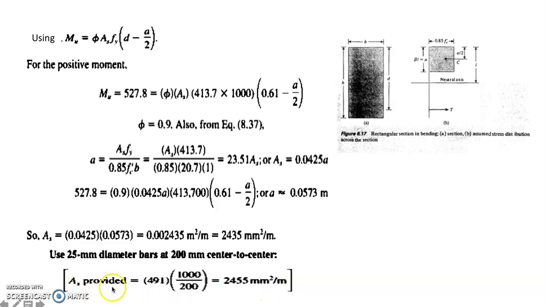So the area of the steel provided would be equal to the area of the steel bar multiplied by 1000 mm over 200 mm, the spacing, and that is equivalent to 2455 mm squared per meter. Meaning to say, for every 1000 mm, the spacing is 200 mm from the center of one steel bar to the other.